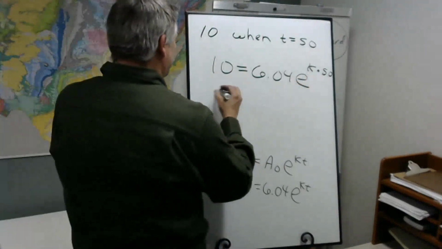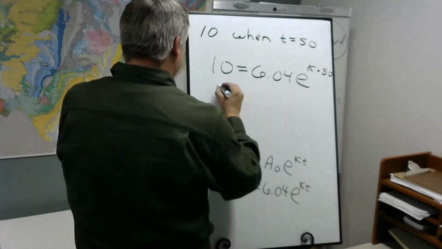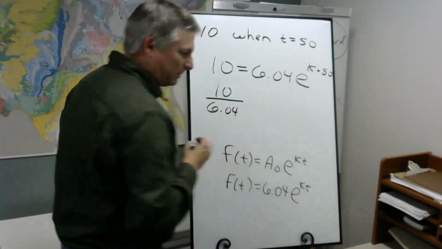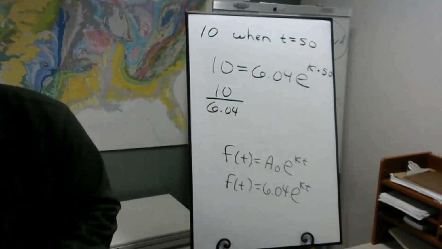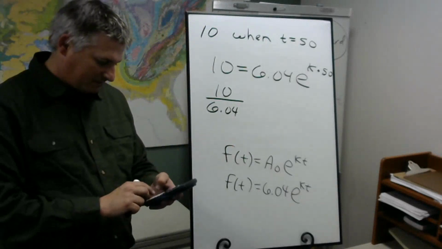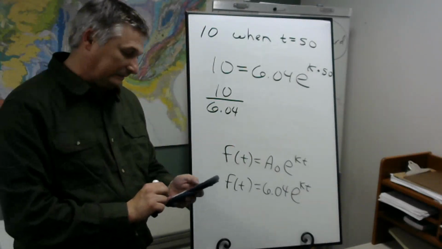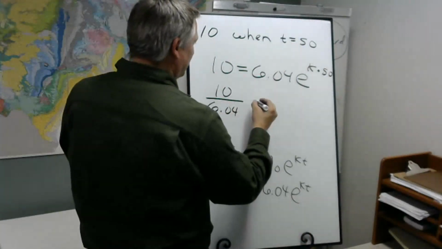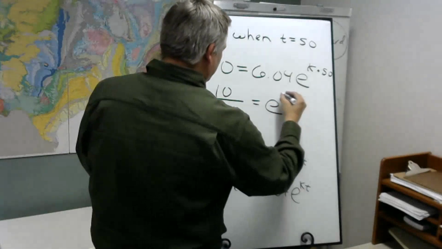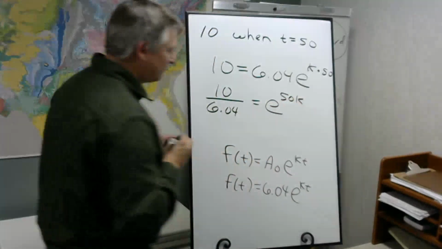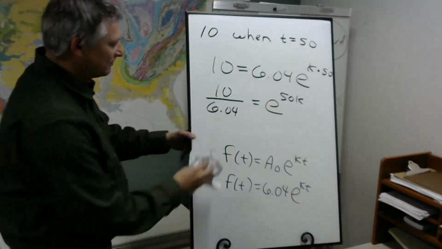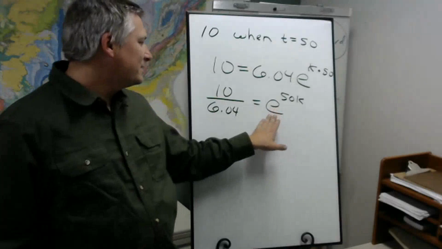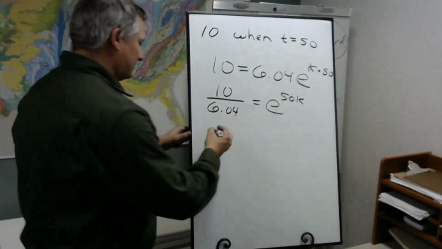So we can divide both sides by 6.04. And let's see what kind of number we get. Is that going to be a manageable decimal? Ooh, it's kind of a hairy one. I'll just leave it as 10 over 6.04, and this is 50 times k. So now to get the k, I'm going to take the natural log of both sides.